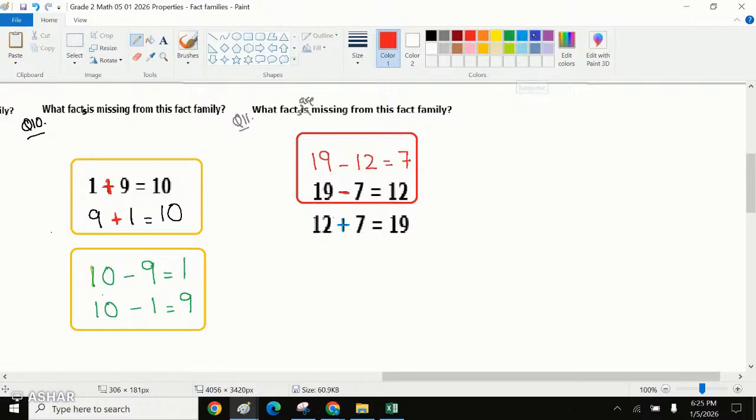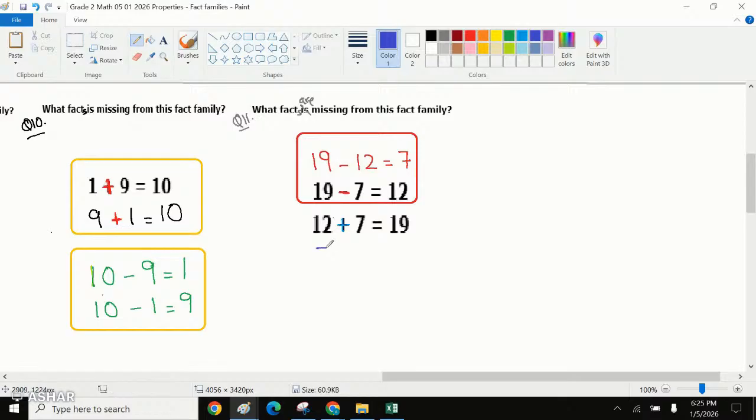For the next one, it was 12 plus 7 is equal to 19. So the addition statement for this should be, we simply interchange the numbers. That means the first number becomes the second and the second number becomes the first.